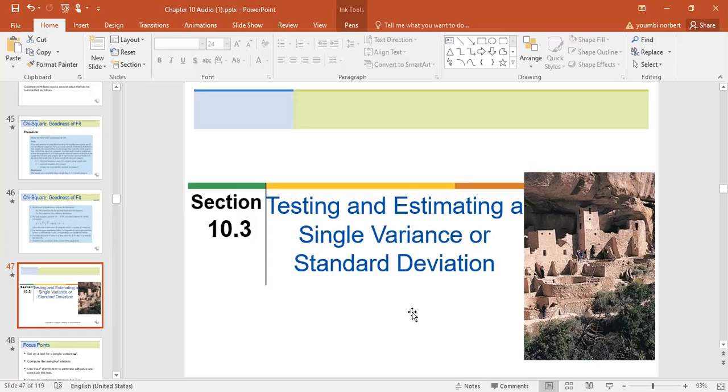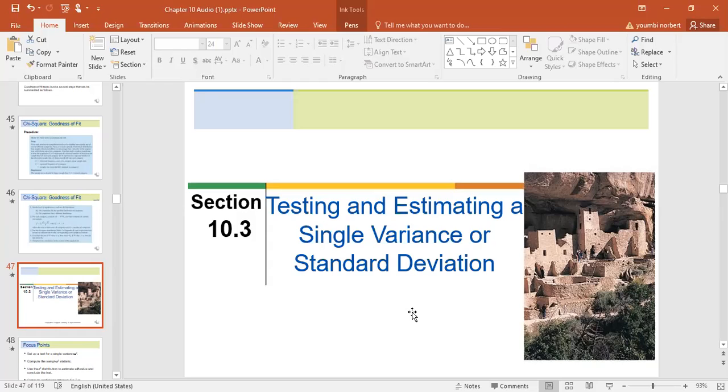Or you can use the critical value. For a left tail, you have here this is alpha, chi-square 1 minus alpha. For a right tail, chi-square alpha.